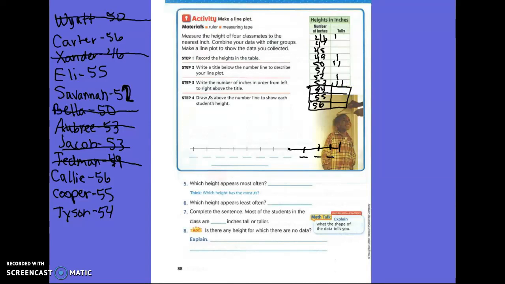Now, how many tallies for 54? 1 tally for 54. How many tallies for 55? 2 tallies for 55. I forgot to cross that line. And how many tallies for 56? 2. Okay, boys and girls, we now have all our tally table done.